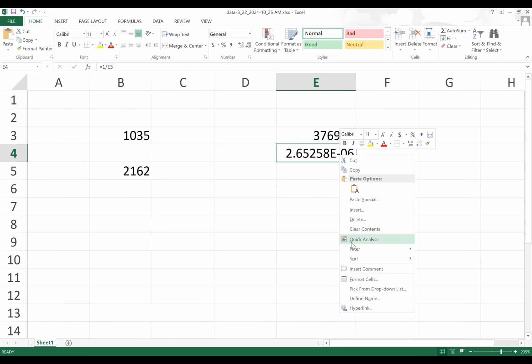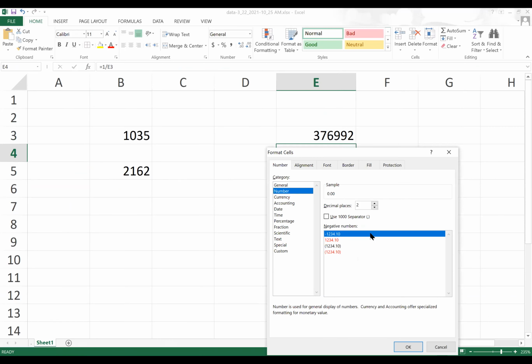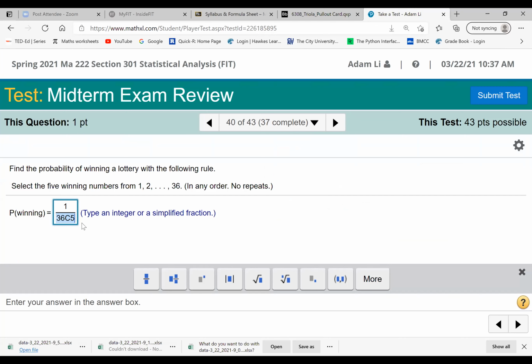And let me turn it into a decimal number. Yep, so that should be it. And how many decimals do they want? Let's look at it. The answer type is integer or simplified fraction. So they want a fraction, so it'll be 1 over 376,992.